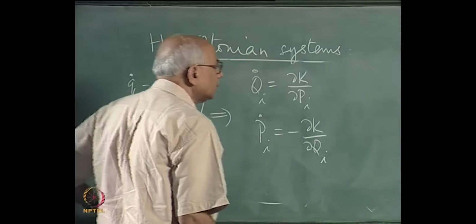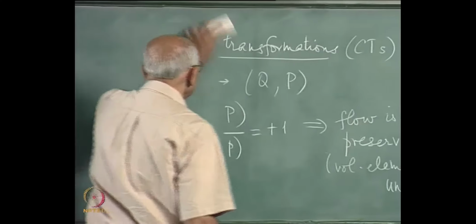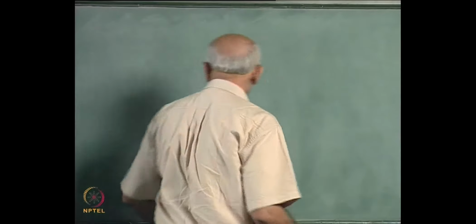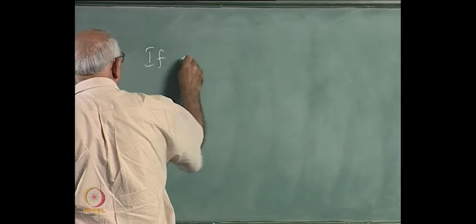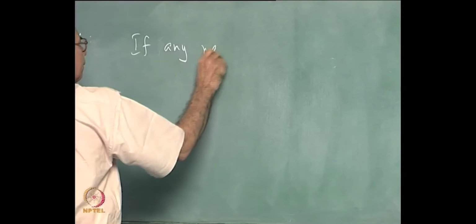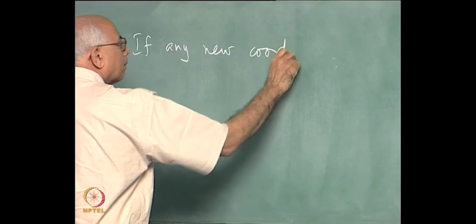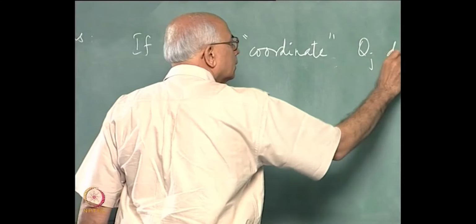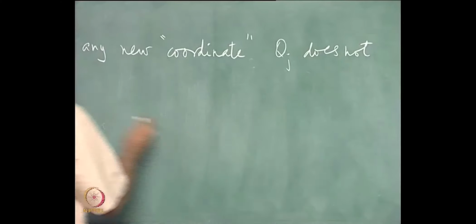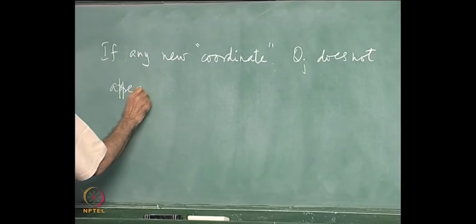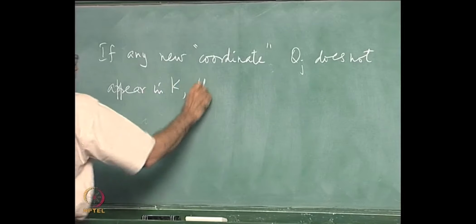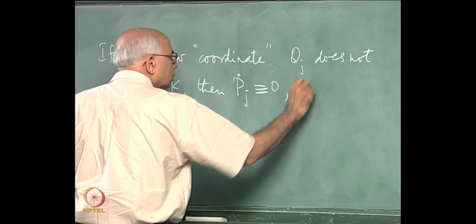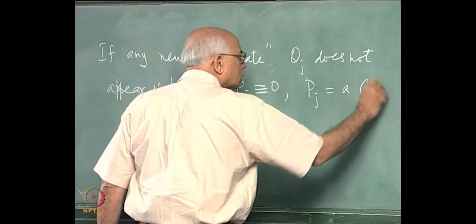So let me write that down. If a new generalized coordinate Qj does not appear in K, then Pj dot is identically 0, Pj is equal to a constant of the motion.